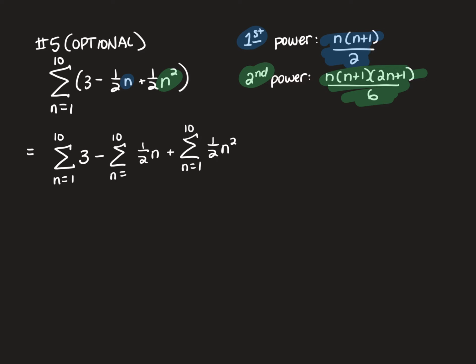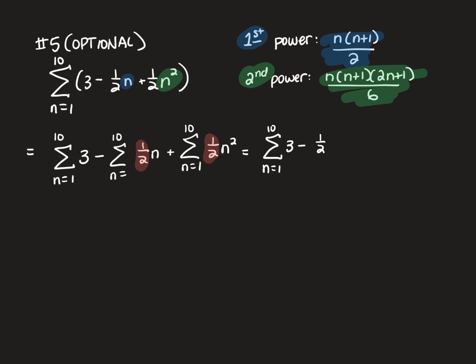What I'm going to do is bring out, or factor out really, these 1/2s, because I only have a formula that shows me how to calculate a first power without any coefficient. So I'm going to write that in front. We talked a little bit about that in the video, or Mr. Middleman did, of how you can bring that coefficient out in front of your sum, and then whatever your sum is, you multiply it by that coefficient.